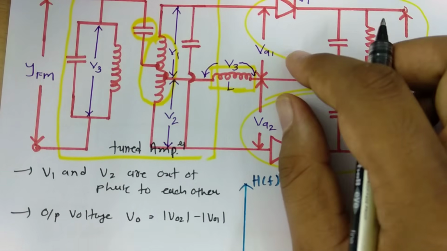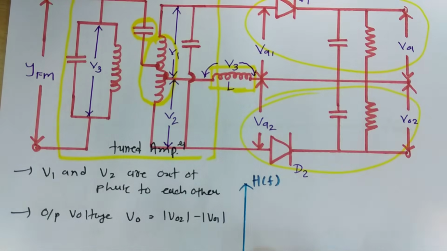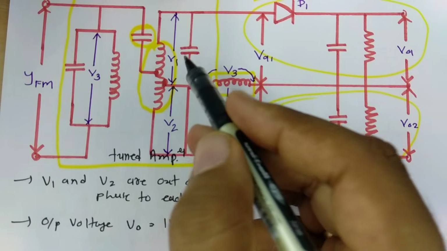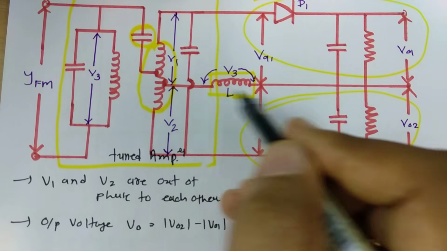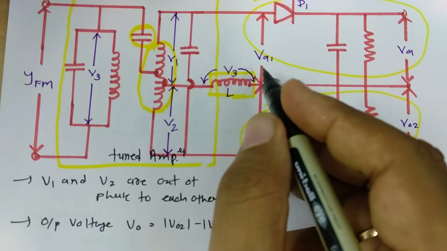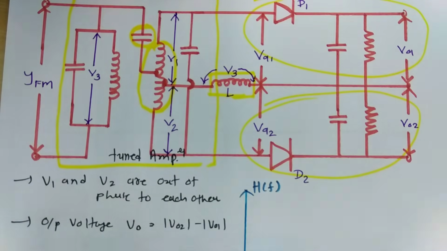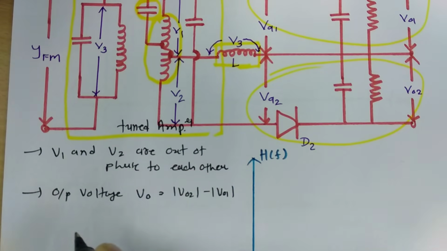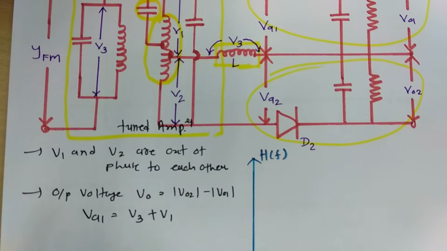Now let us calculate the voltages at VA1 and VA2. As I have told, V1 and V2 are out of phase to each other, and V3 is the voltage across the inductor. So the VA1 voltage is V3 plus V1.